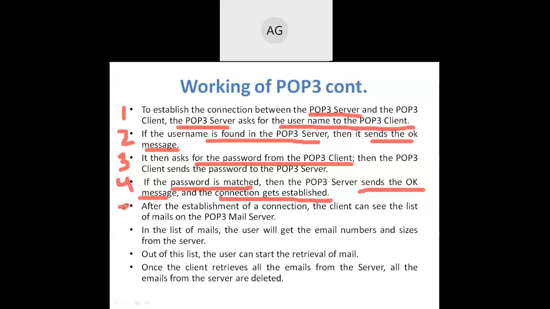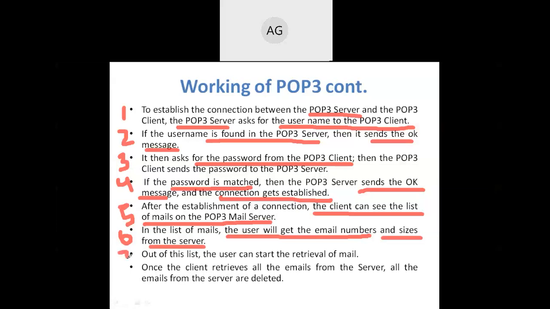Now the next step is, after the connection establishment, the client can see the list of mails on the POP3 mail server. In the list of mails, the user will get the email numbers and the sizes from the server. This we already discussed in the previous figure.